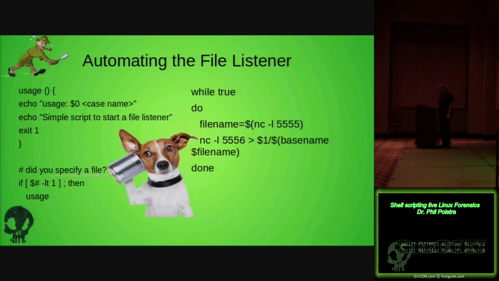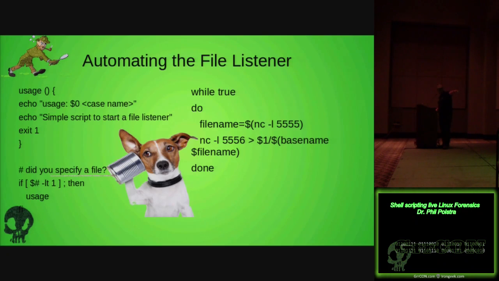So here is the file listener, and if you call it, you need to give it a file. And all it does is it creates a file name listener. Notice that this one doesn't have the keep alive switch. And I have a little do loop. It's an infinite do loop. And as soon as it exits that first line, that means that somebody sent me something.